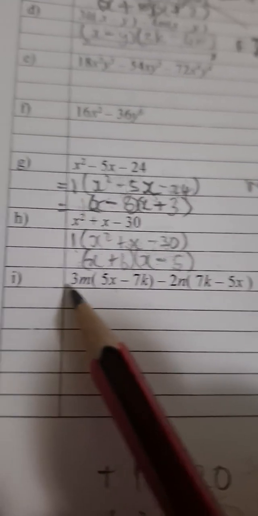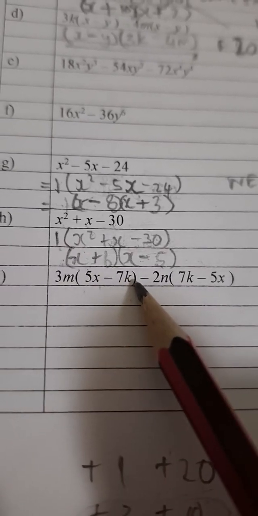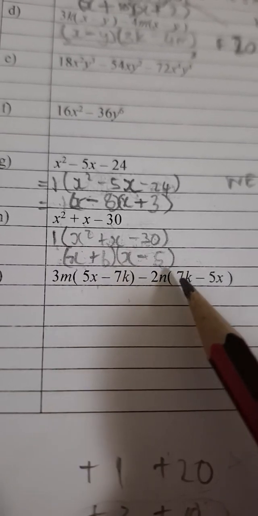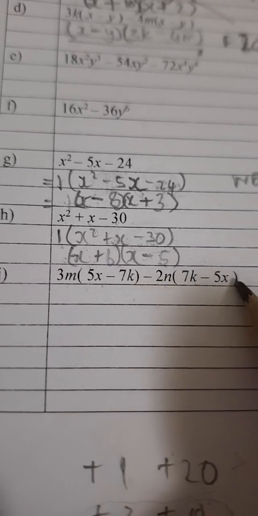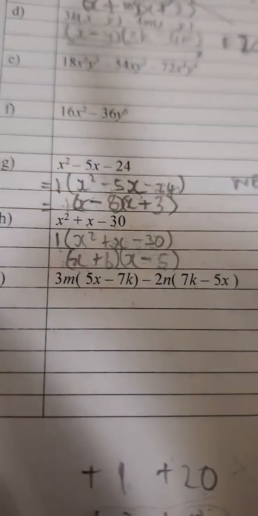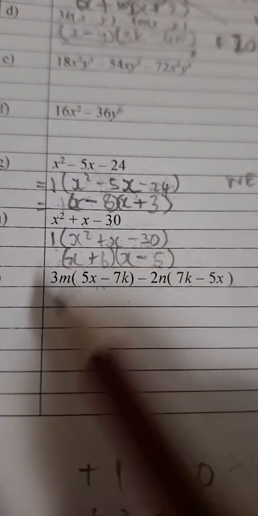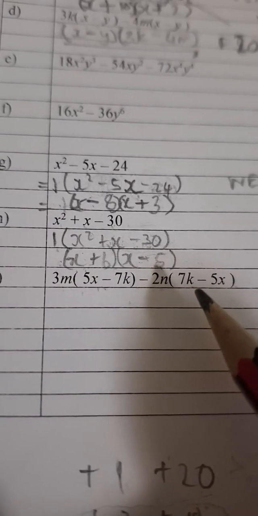Now I want us to go to another common bracket situation. You can see the question, this expression: 3m into 5x minus 7k, minus 2n into 7k minus 5x, close bracket. First question we always ask before we factorize is: how many terms do we have in the expression?